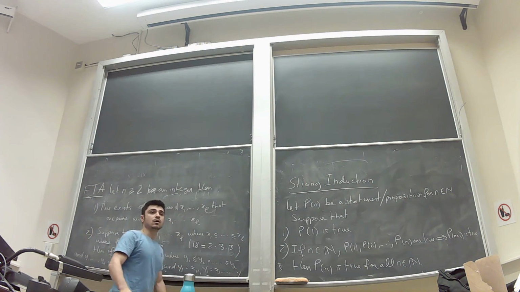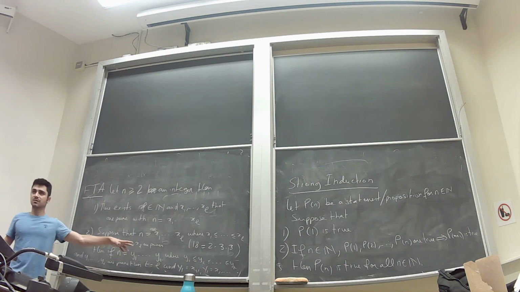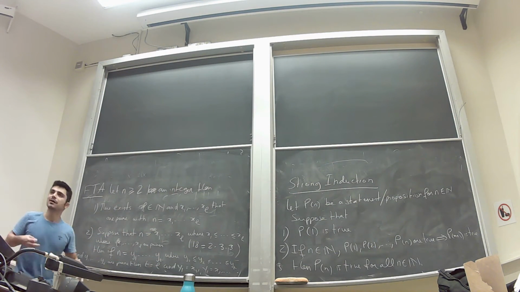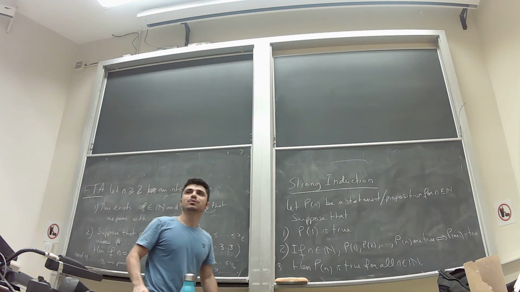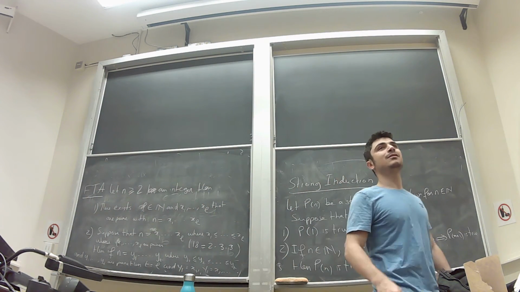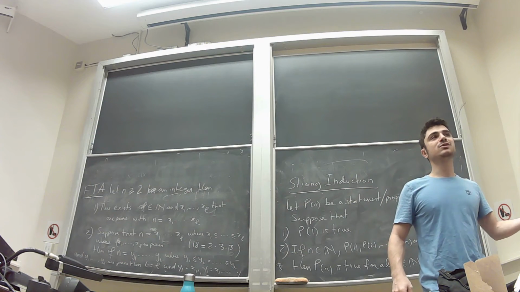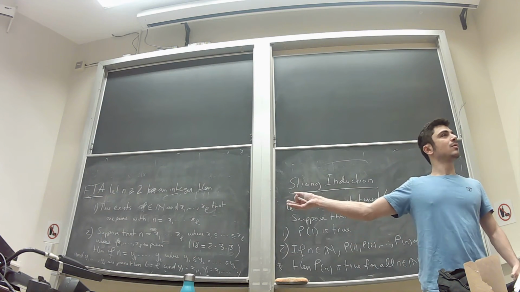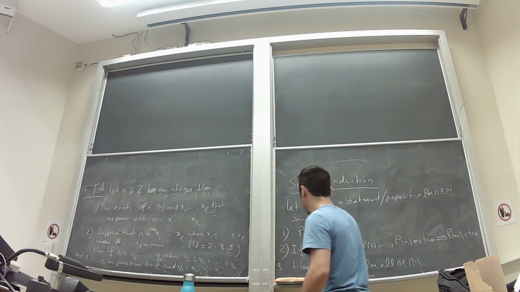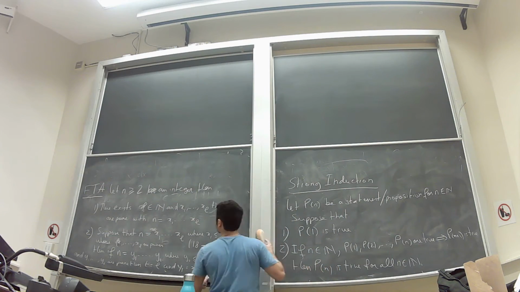Do you understand this statement? This one is a bit complicated. It just says that any integer n strictly bigger than 2 can be factored uniquely into a product of prime numbers.